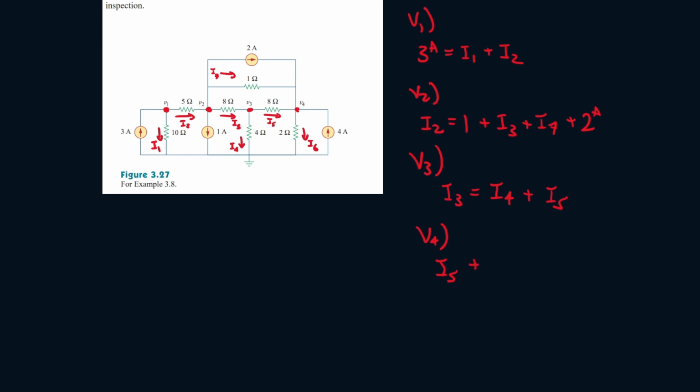So I5 plus I7 plus 2 amps. And also we see that this 4 amp here also is entering the node. So we'll do plus 4, and this will be equal to I6.